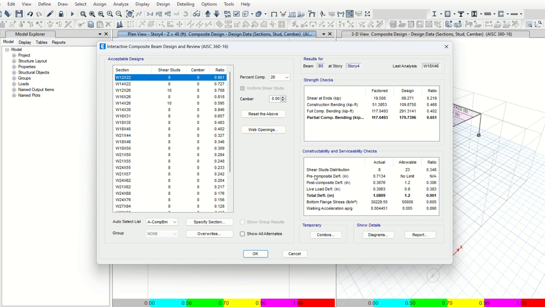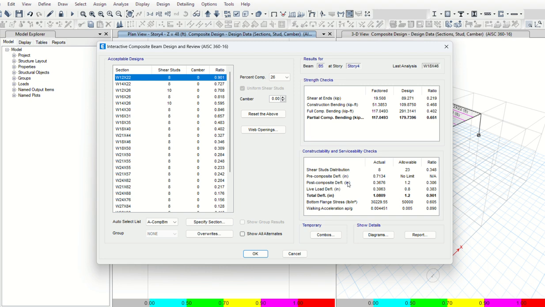So you see that pre-composite deflection is just pure steel deflection based upon the weight of concrete. You see that, 1.7 inches, right? Post-composite deflection is based upon the composite beam, which is the concrete slab and steel member, composite like a T-section.